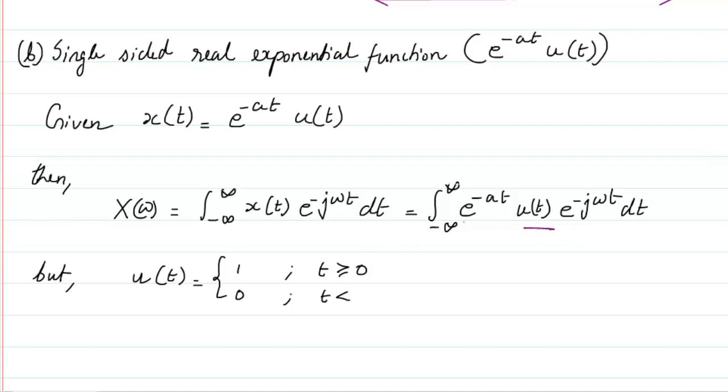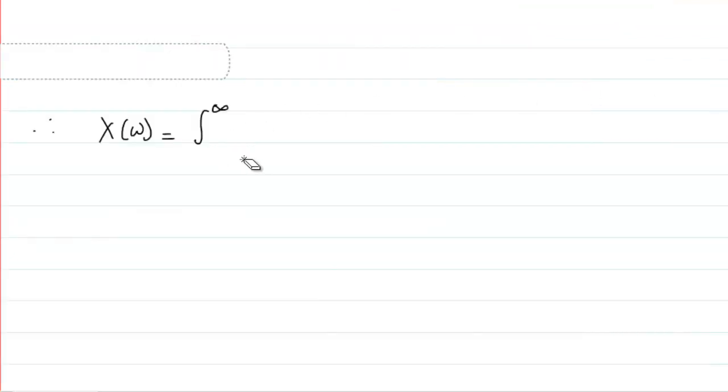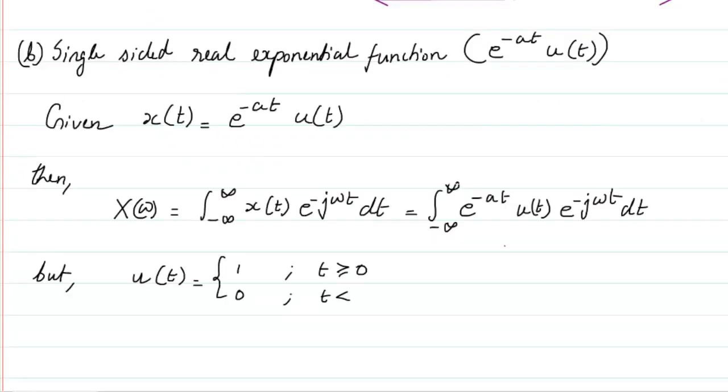So the limit will automatically change from 0 to infinity. Instead of minus infinity, I will write from 0 to infinity, and then the remaining portion, these two can be joined together using the principle of e raised to power a into e raised to power b is equal to e raised to power a plus b.